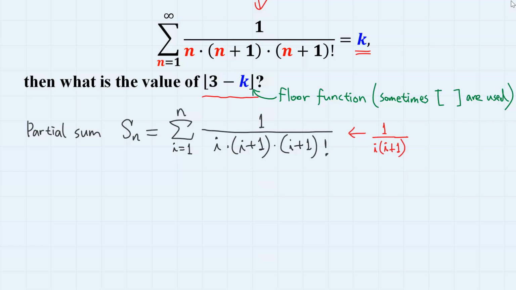Here, notice that this 1 over i times i plus 1 can be written as 1 over i minus 1 over i plus 1, one of the most famous partial fraction formulas.